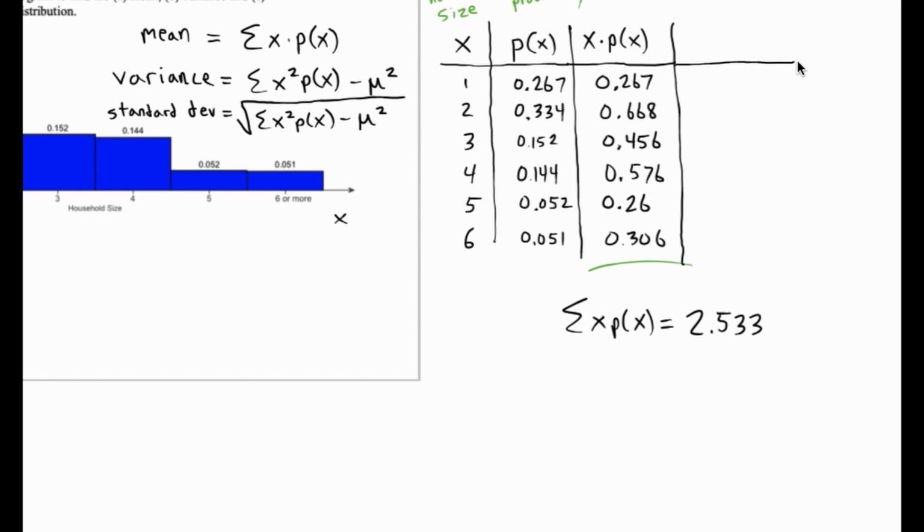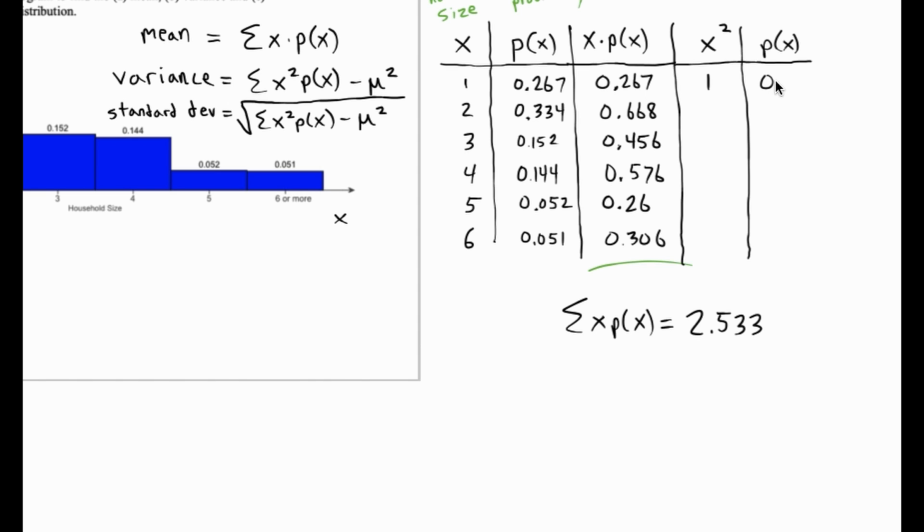Now, one thing you might do to avoid mistakes is you may come up with a new column for just x squared, and then you might want to just write the probability of x right next to it. Otherwise, it's easy to multiply the wrong numbers because you're looking at the wrong column, like I sometimes do.